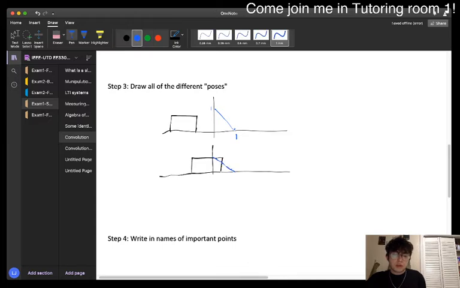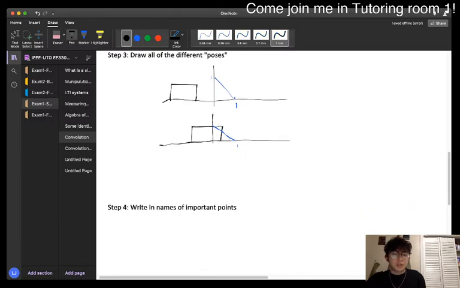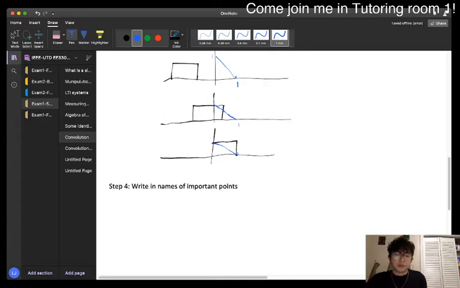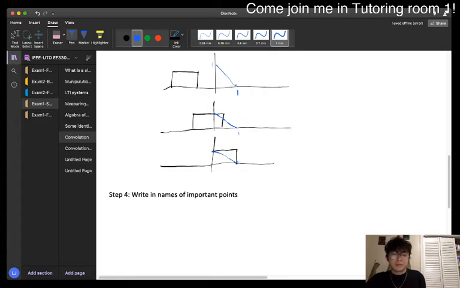Then we're going to draw the next one where this box is completely overlapping the triangle. Just one needs to be encased in the other, basically, in general, if these two lengths don't happen to be the same.